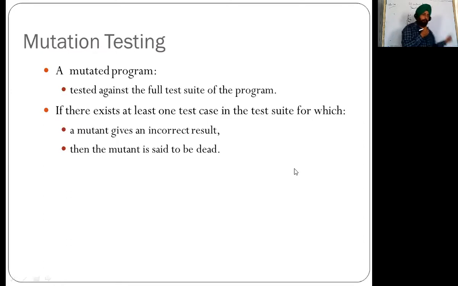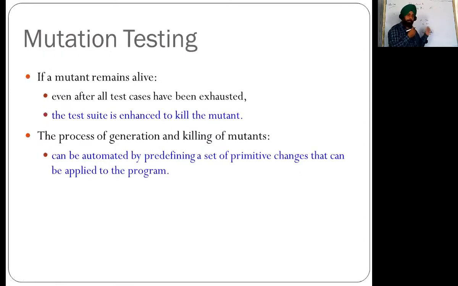Next, if your test suite is not able to find that particular change, even after all the test cases have been exhausted, then the test suite is unable to kill the mutant. Suppose first of all we have done all the testing, and your code is error free. Then you bring some mutant into the program.